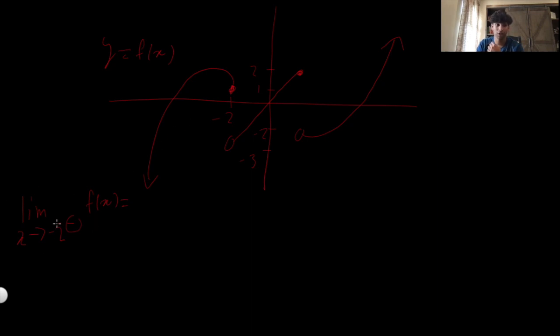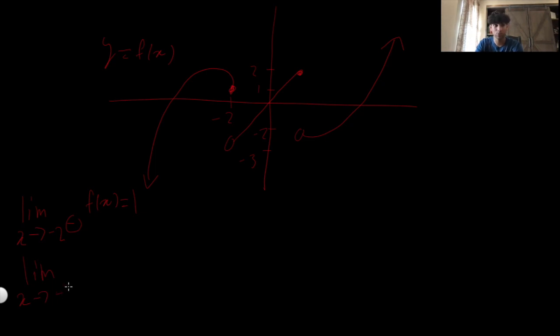So this entire expression is saying what's the limit as x approaches -2 from the left side. So when it's asking from the left side, we can start from the leftmost component of this graph, which is this kind of half parabola. So as we're approaching -2 from the left, what y value are we approaching? Exactly, 1. So that's our answer. Now let's look at the other one-sided limit.